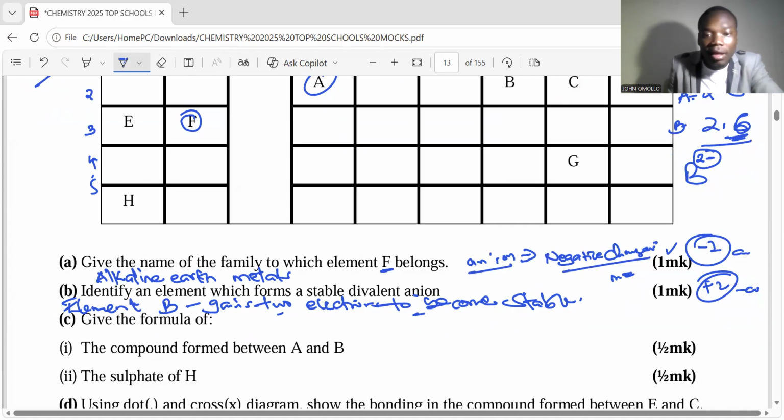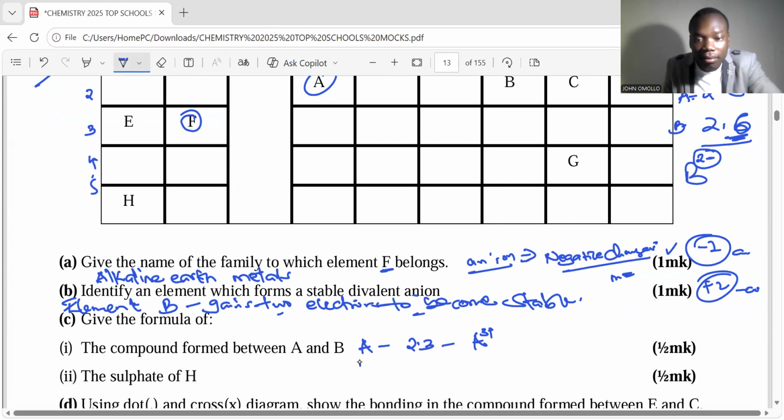Give the formula of the compound formed between A and B. A belongs to group 3, period 2. So therefore A is going to be written with a 3 positive charge. Let's go to the next one. B: the electron configuration of B is 2, 6. So it is going to gain 2 electrons.